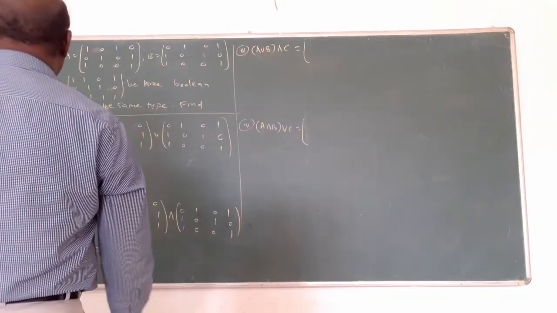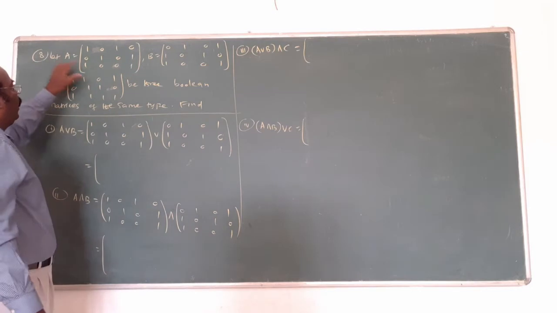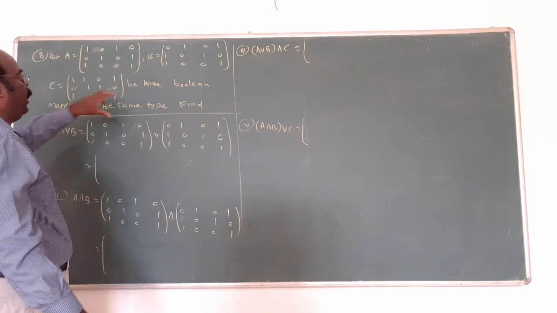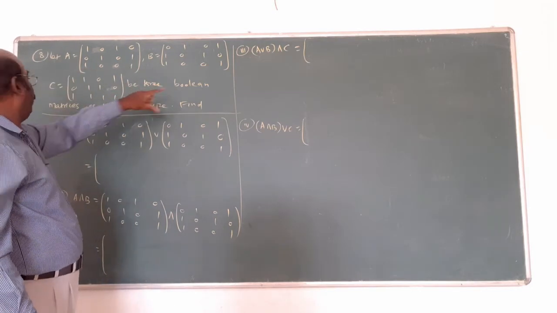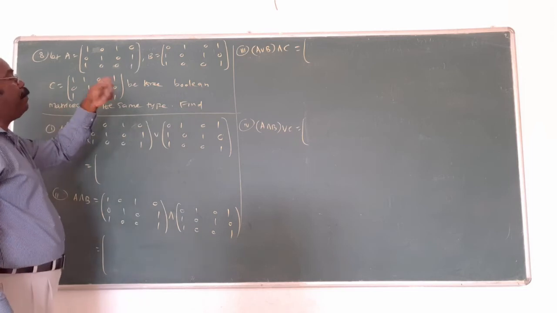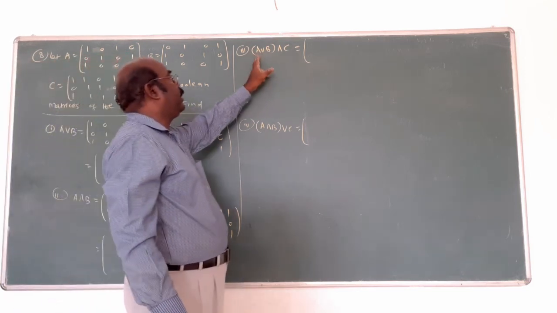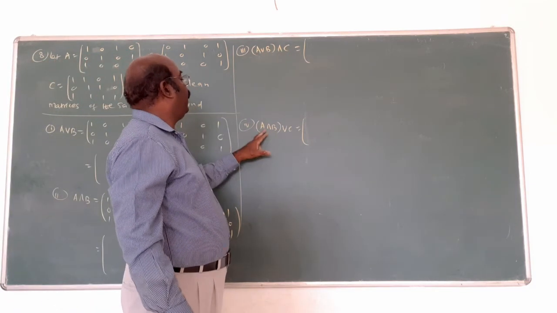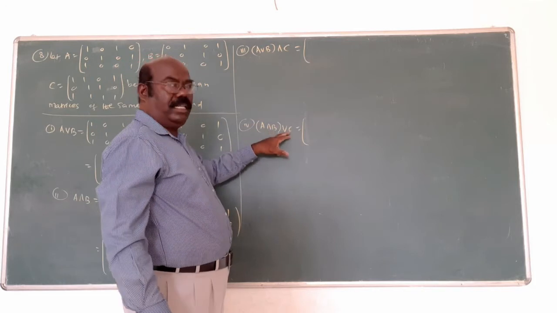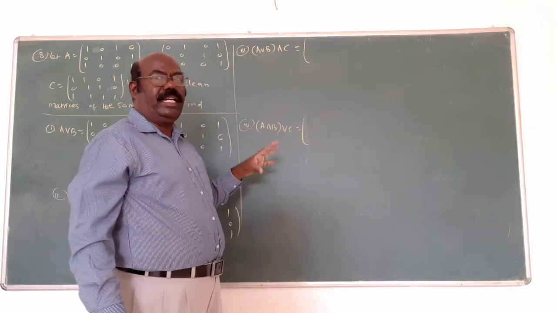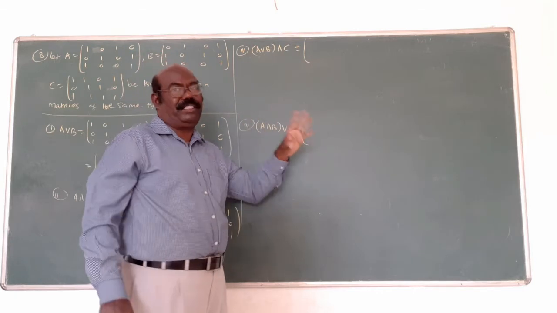Another question. Let A, B, C be three Boolean matrices of the same type. Now, what is happening? The first one is A disjunction B, A conjunction B, A disjunction B conjunction C, A conjunction B disjunction C. I already told you, you must use the symbol as every word.